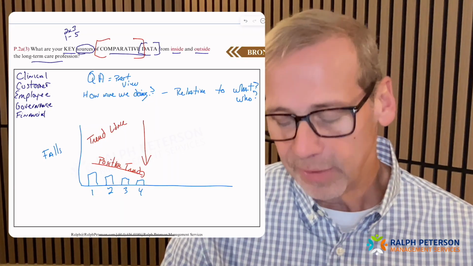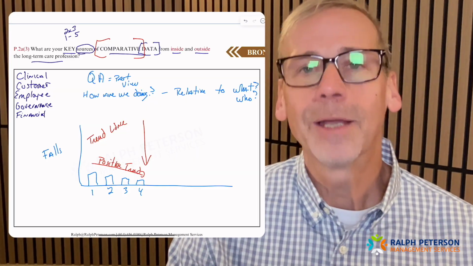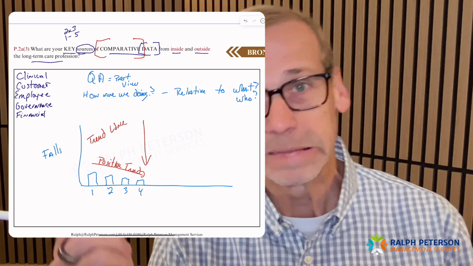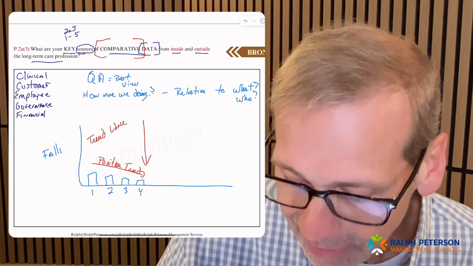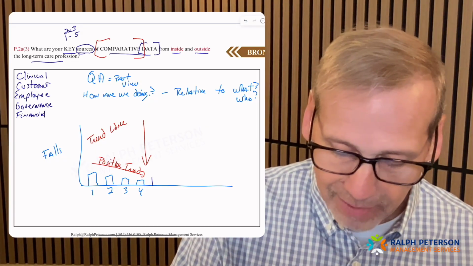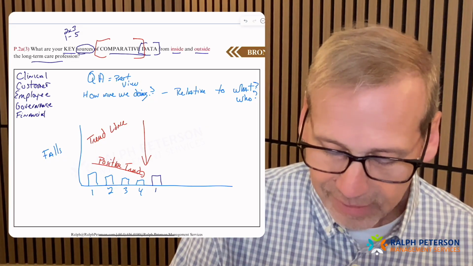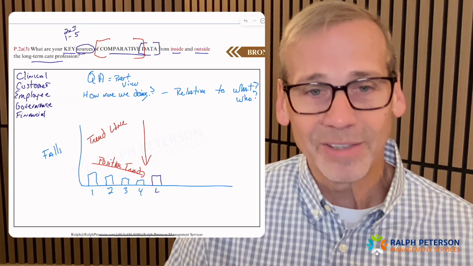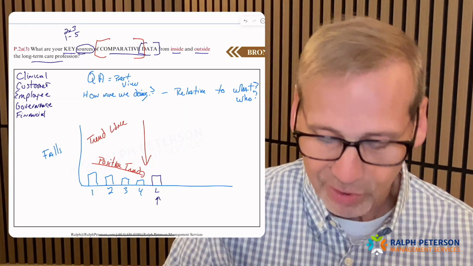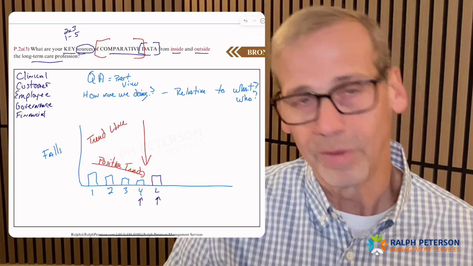It's really great news. But how are we compared to our local competitors? Let's say that we added a local comparison. Our local comparison is a little higher than our fourth quarter. Their fourth quarter average is here. Our fourth quarter is here.